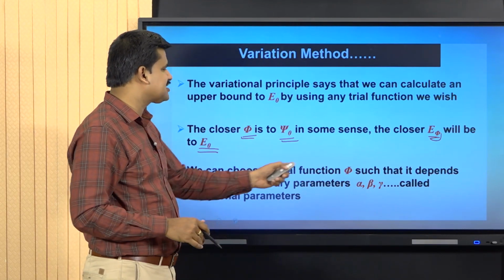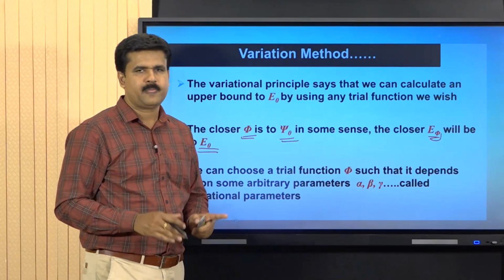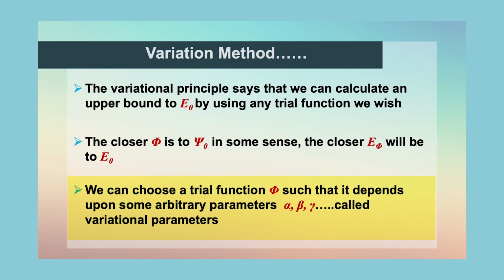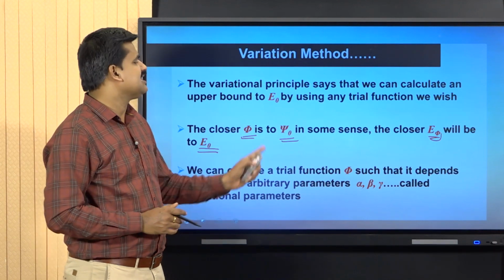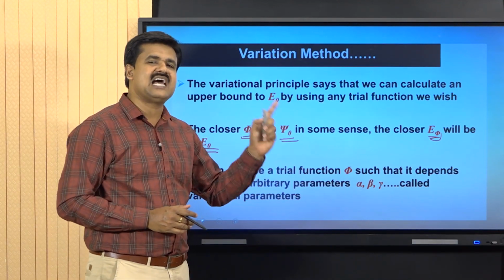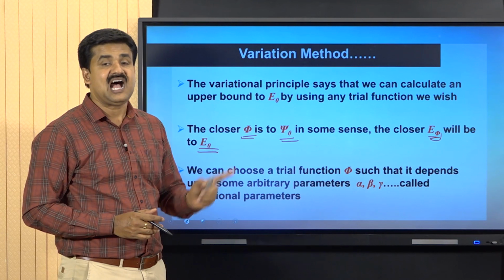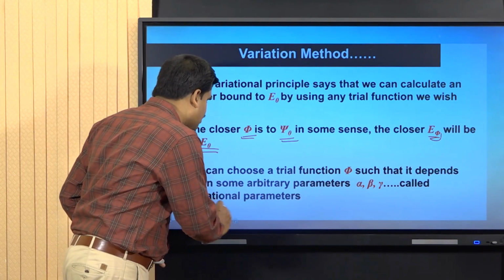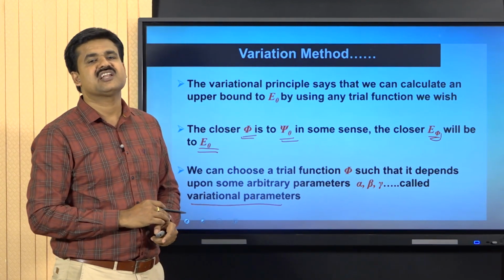We can choose a trial wave function phi such that it depends upon some arbitrary parameters. The arbitrary parameters are denoted as alpha, beta, gamma, delta, etc., and such parameters are called variational parameters.